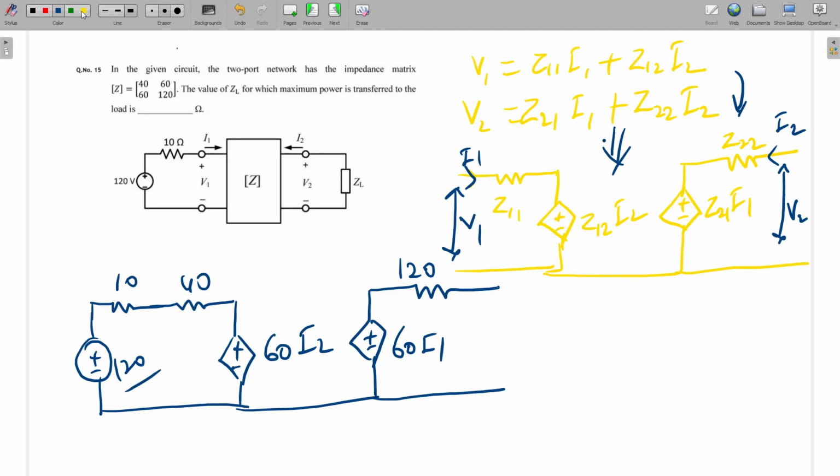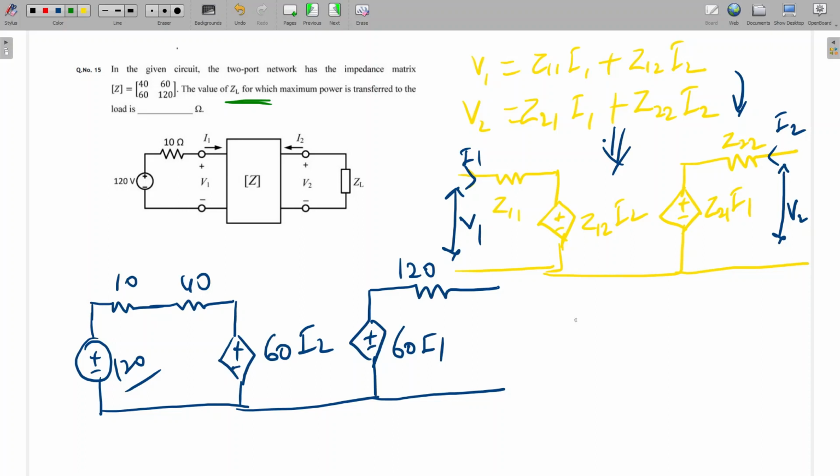What it is asking is: what is the value of ZL for maximum power transfer to the load? For this kind of question, if dependent sources are there, we can supply either an external voltage source or an external current source, whichever is convenient.